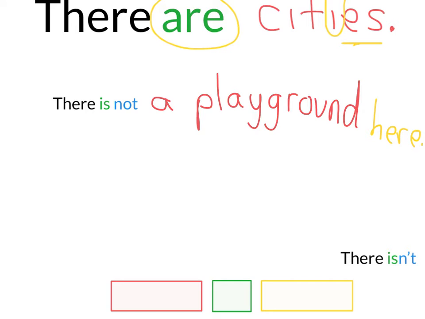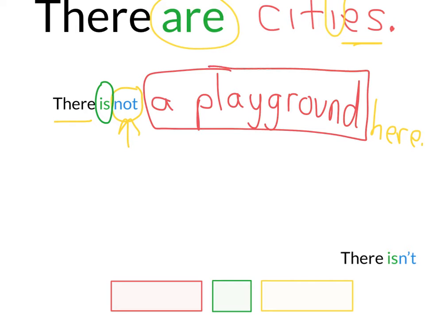That means there is no playground here. The place where we put not is right here. So we have there, then we have our verb is, then we say not, and then we have our subject. The playground is just one, and so we use is. There is not a playground here.